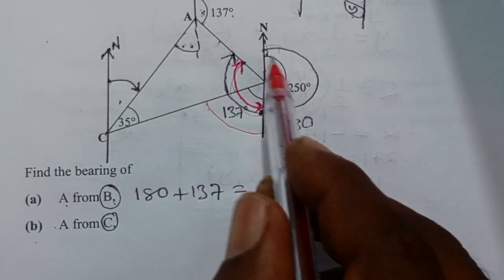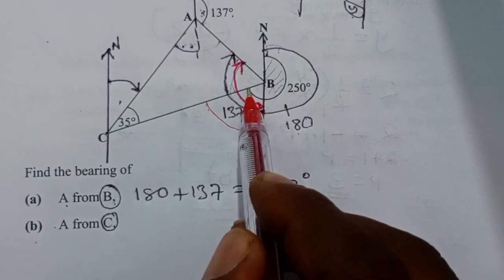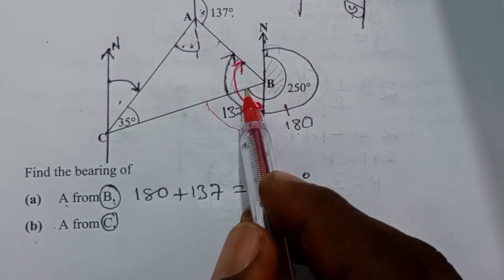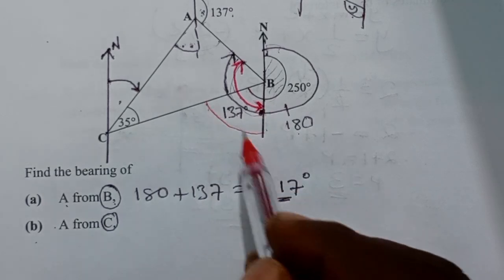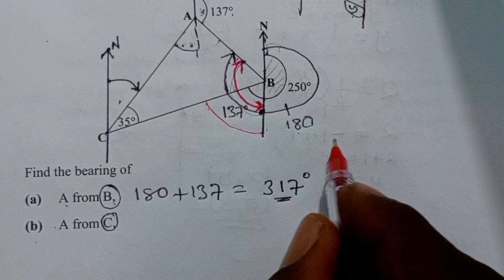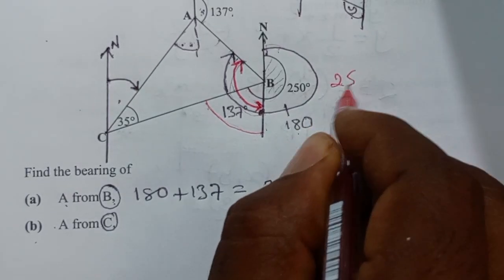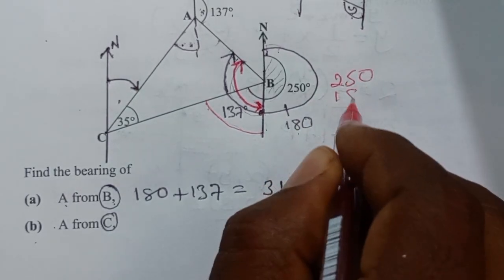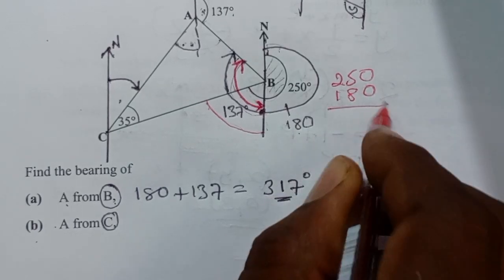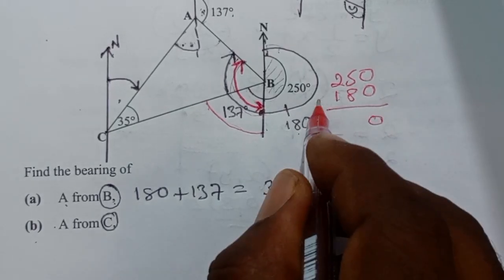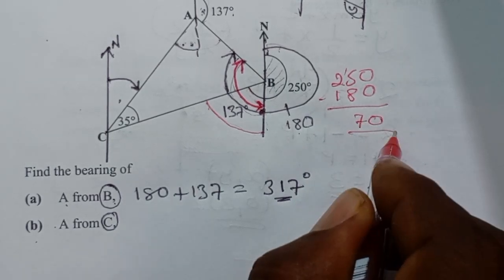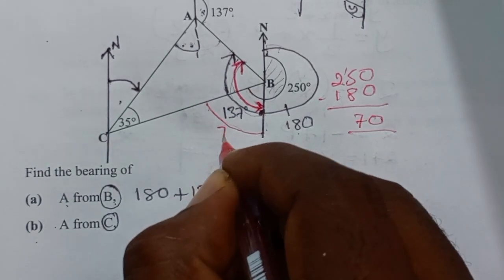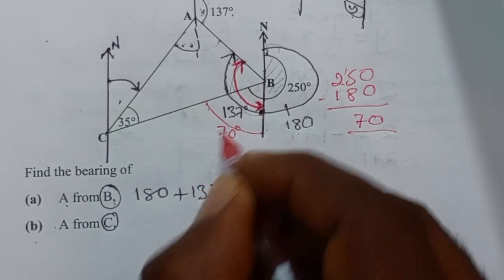So remember that from here to here, it is 250. 250 minus a straight line, which is 180, then we remain with this angle. So 250 minus 180, we are going to have 070. So we are going to have 70 degrees. So this is 70 degrees.